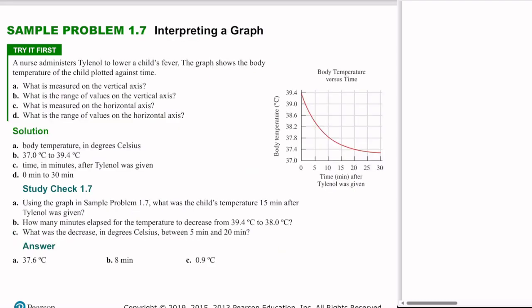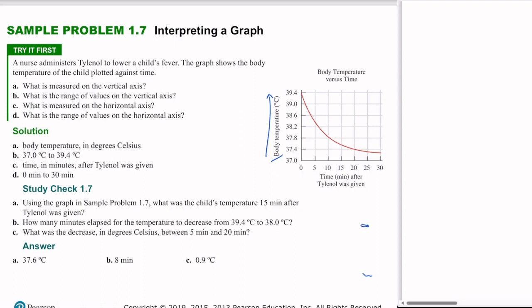Next, we'll cover interpreting a graph. A nurse administers Tylenol to lower a child's fever. The graph at the right shows the body temperature of the child plotted against time. What is measured on the vertical axis? The vertical axis gives us body temperature. What is the range of values on the vertical axis?